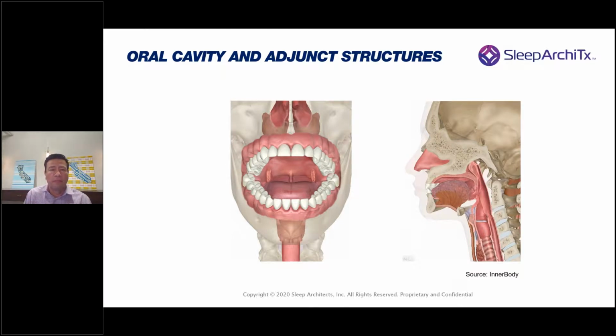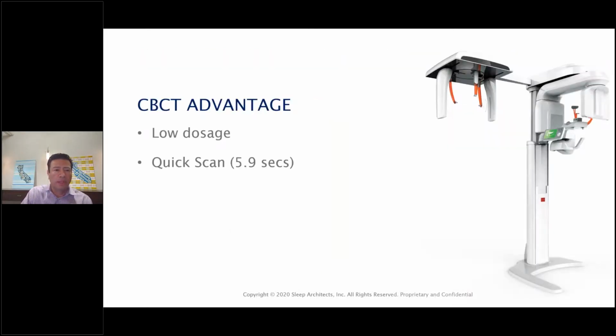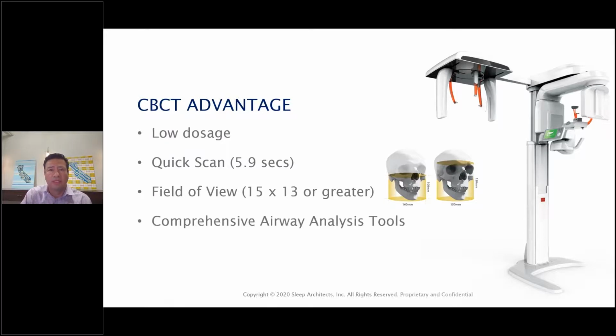At the very minimum, the cone beam scan gives you an extra powerful tool to overturn a denial from the insurance company. And to get reimbursed for cone beam scans when it comes to airway management, you should know that you have to have a minimum field of view to capture the right anatomy so that you could have the medical justification to bill for your services.